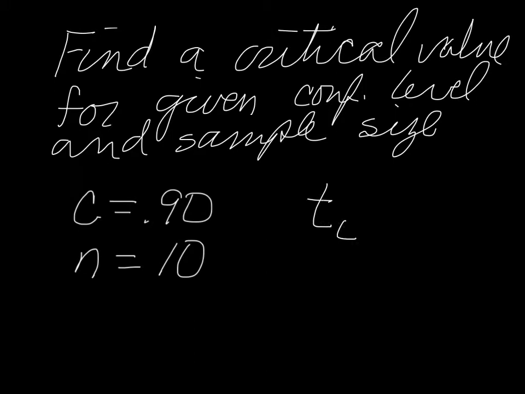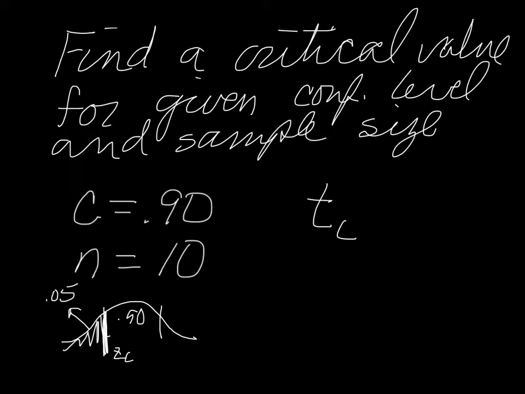Just like before with the z's, if this was a z, then we would have drawn a picture like this. This is 90%. This area here is 5%. And therefore, we would go look up the 5%, and that would give us the critical value z critical.